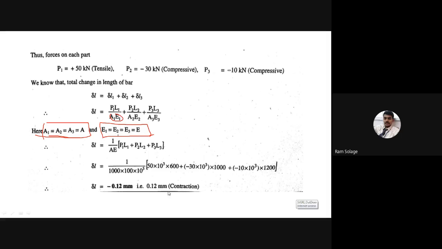Check the final solution. Minus or plus sign. Check the answer.